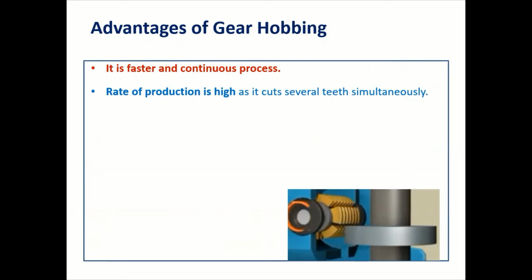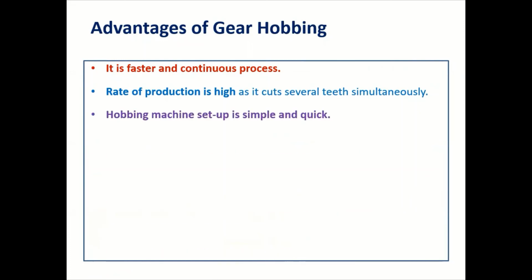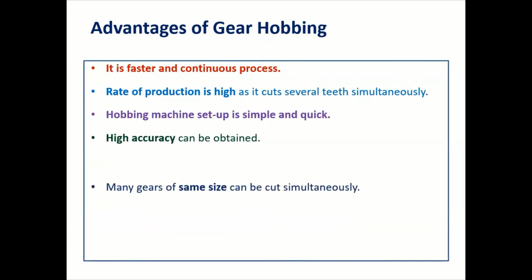Then the machine setup is simple and quick, very easy to set. High accuracy can be obtained, as it is a continuous process without a break between the generation of two teeth, so we can maintain high accuracy in gear hobbing.